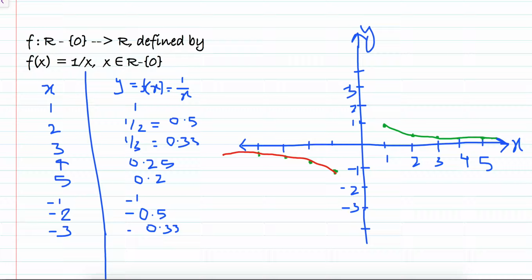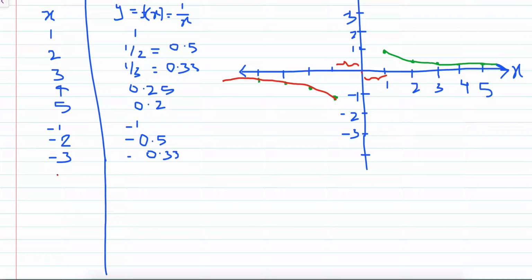And now we cannot take 0 because at 0 it will be not defined, but we have to take values between this 0 and 1 and this minus 0 and minus 1. So let's take some values. So if it's 0.5, then it's 2.